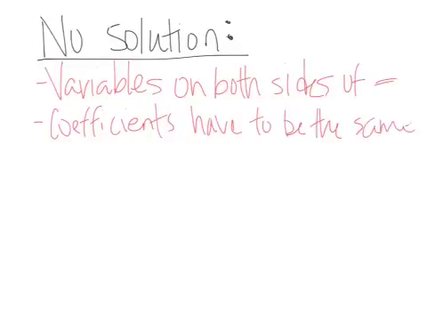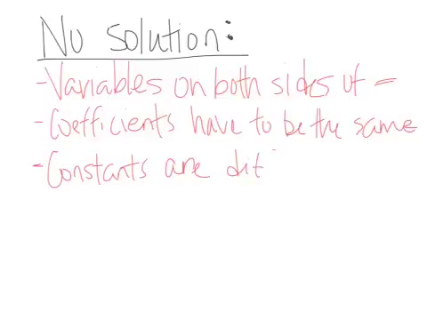And then the last one is that instead of the constants being equal, the constants actually have to be different. And whenever all three of these things happen, you're going to get no solution.